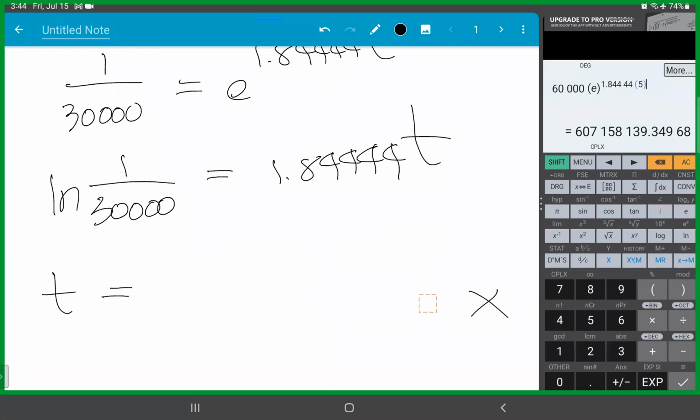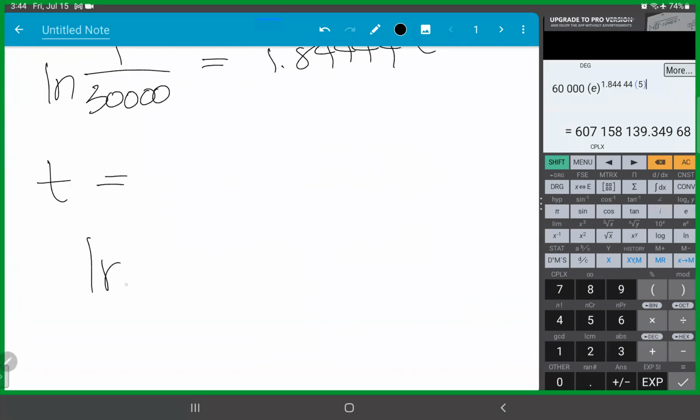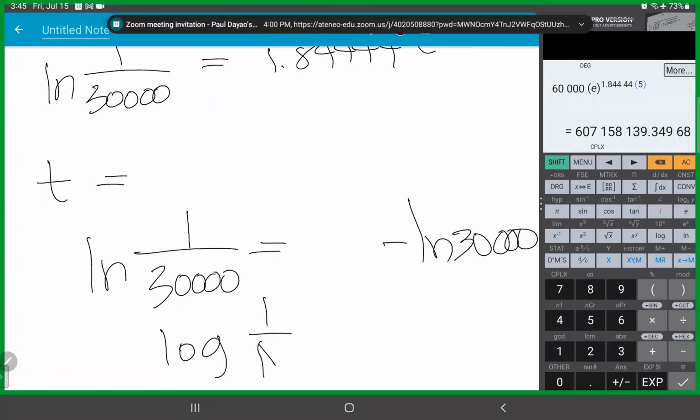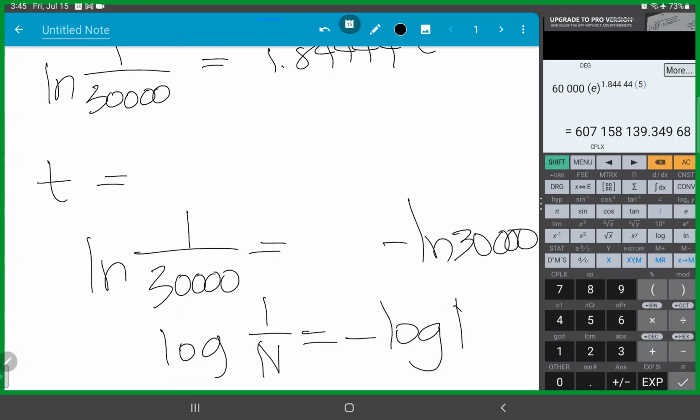There's this rule that ln 1 over x is the same as negative ln x. Remember, ln 1 over 30,000, you can write this as ln of the numerator minus the ln of the denominator. And ln of 1 is 0. What should I raise e to get 1? Tama? 0. So in general, yung log ng reciprocal is the same as the negative of the logarithm to any base.